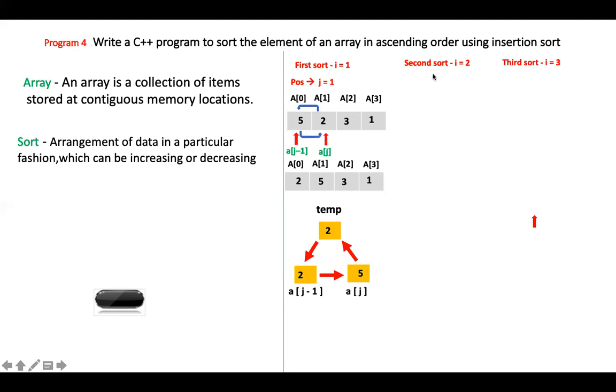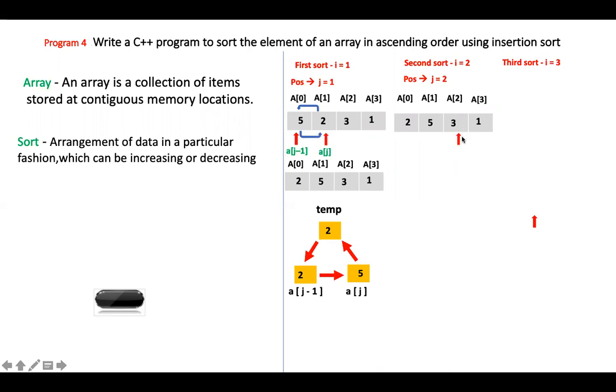Now, since we are going to the second sort, where will it start from? It will start from the second memory location. So I'll take the position as j is equal to 2. Now, where will my arrow indicate? It will indicate at a of 2.